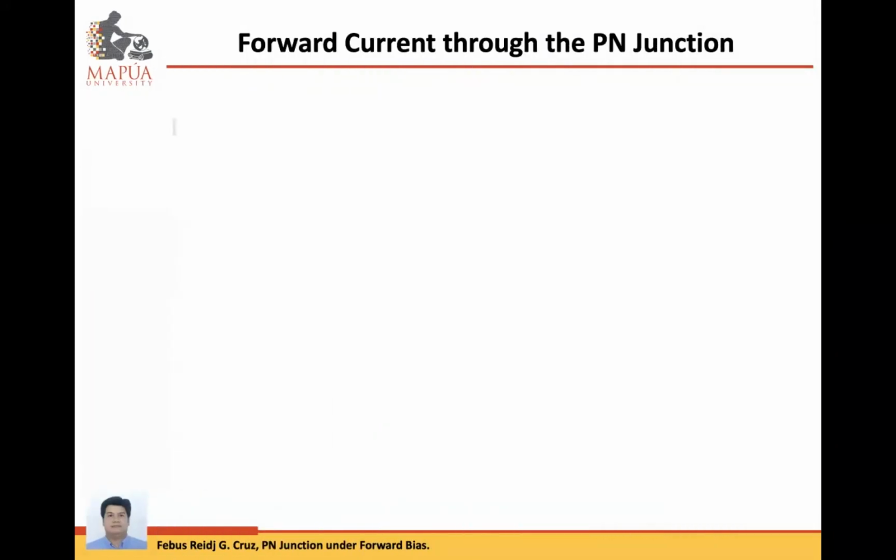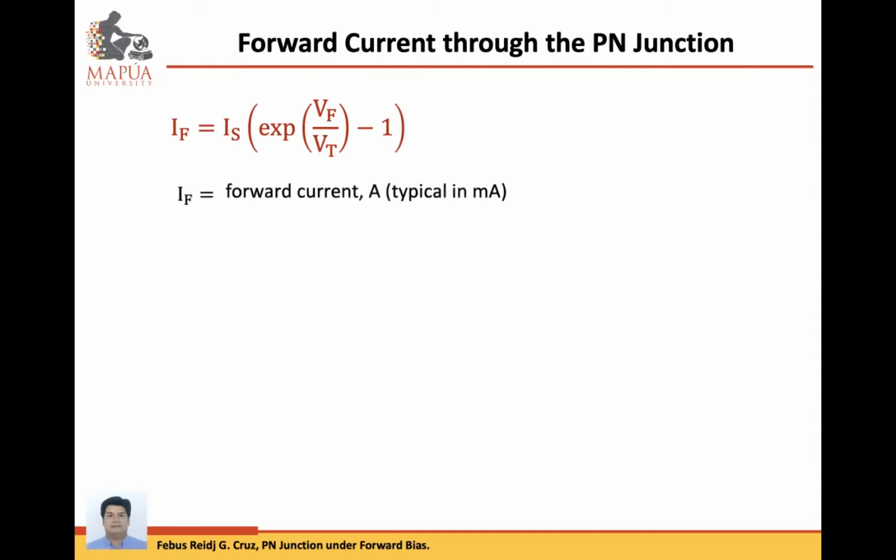Now for the forward current through the PN junction, this is the equation. Forward current is equal to the saturation current multiplied by the exponential of the forward voltage over the thermal voltage, minus 1. IF is the forward current in amperes, but typically this is just in milliamperes.